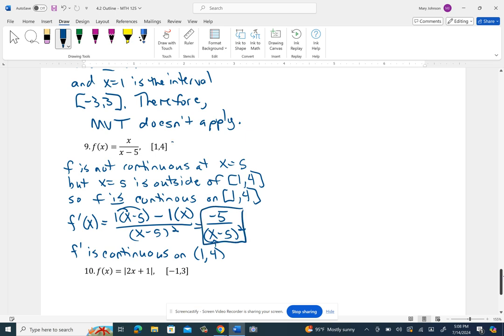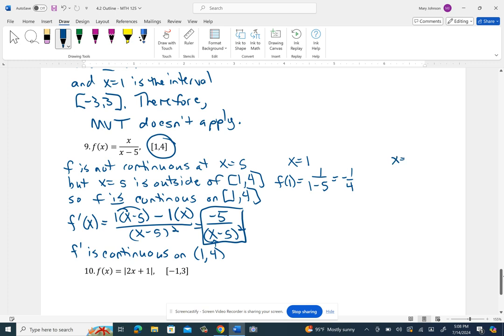when we do the average rate of change, the slope of the points at the endpoints of those intervals. So x equal 1 corresponds to a y value of 1 over negative 4 or negative 1/4. Okay?